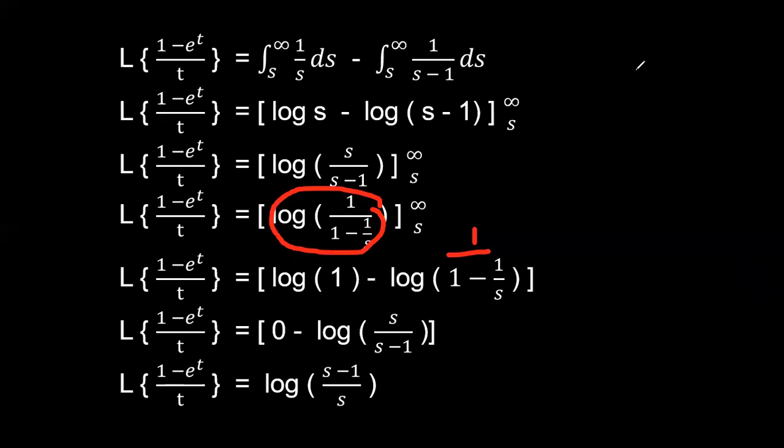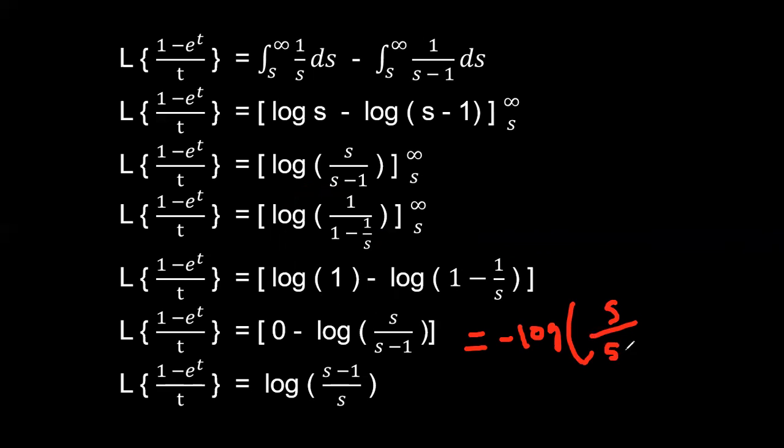Now the log 1 value is 0, minus log 1 minus 1 by s, that is nothing but this function, log of s by s minus 1. So finally you got this as minus log of s by s minus 1. Again, this is of the form m log a.